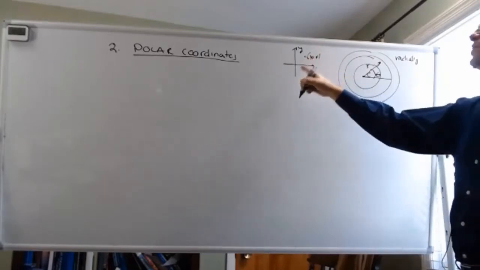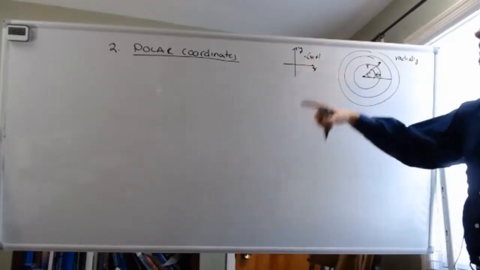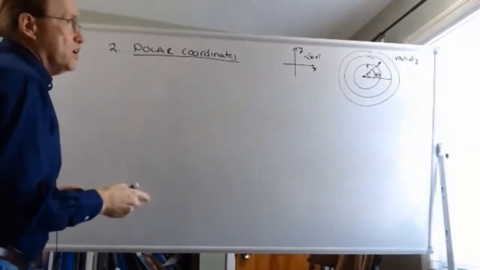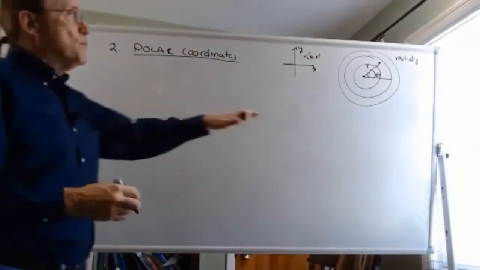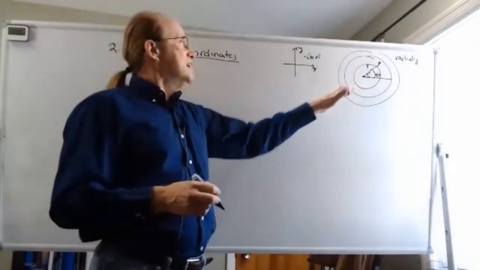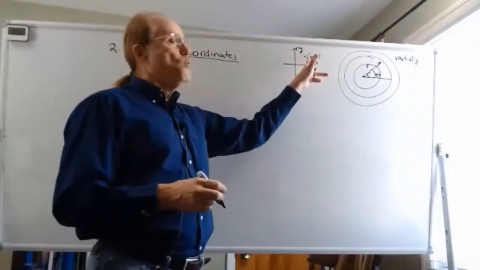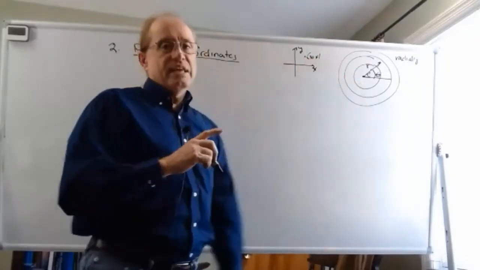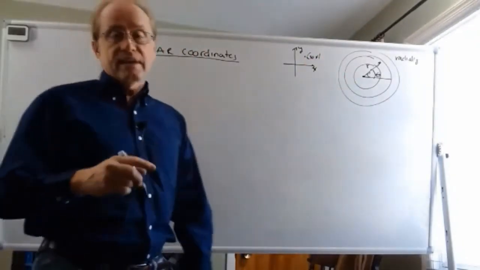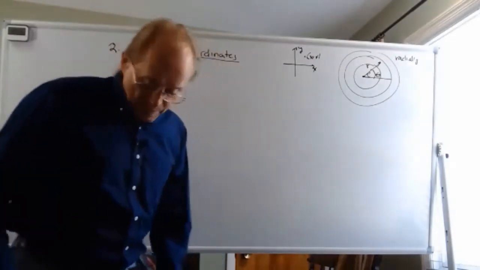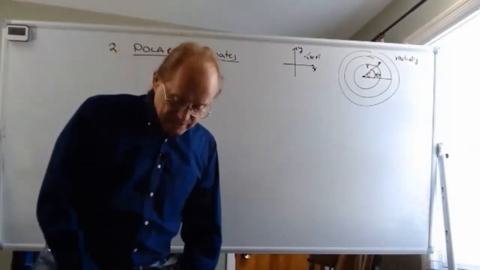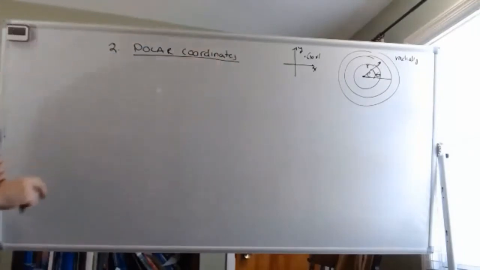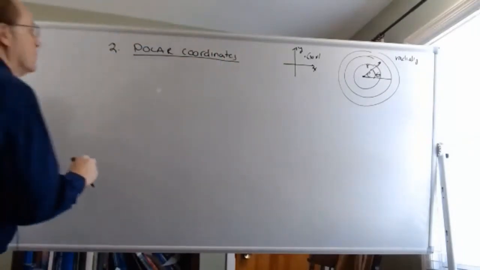Instead of sticking strictly with the rectangular system, we introduce a new coordinate system. Now the problem with this is, unlike the rectangular, where there is one coordinate per point, here you have infinitely many coordinates per point, and we'll talk about that. So the representation you get is not unique like it is for the rectangular. You don't mix it up in the rectangular coordinate system like you can with the polar.